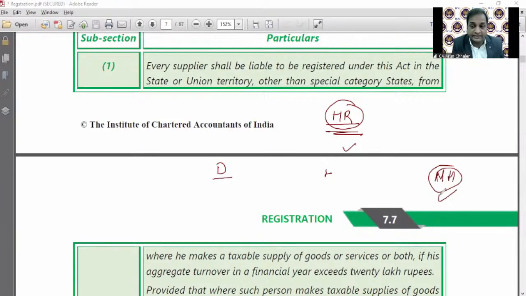I am making the supply from Maharashtra. I am making the taxable supply from Delhi, but I do not have any supply in Haryana. Do I need to take registration in Haryana? Answer would be no. Because I have to make taxable supplies, only then do I need to take compulsory registration if my turnover exceeds the threshold limit.